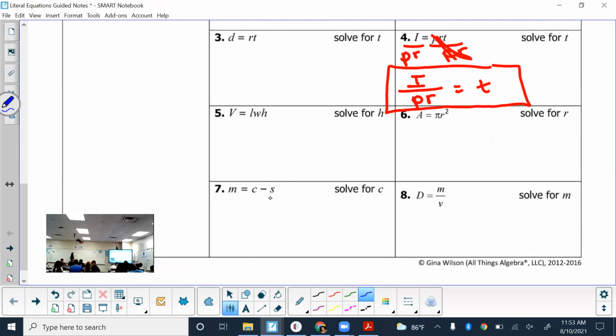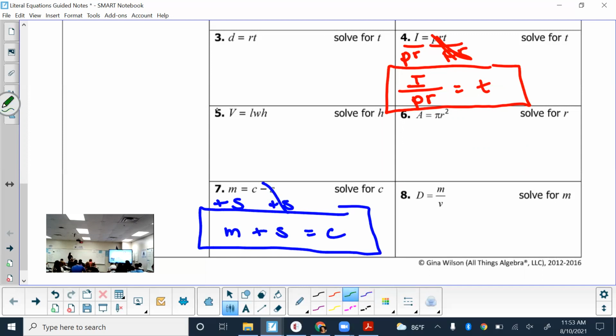What would be opposite of subtracting s? Adding s. That does not mean I'm done. What you do to one side, you have to do to the other. How do I write the left side? Good, equal to, and do we get the c by itself? Yes. Then we're finished.